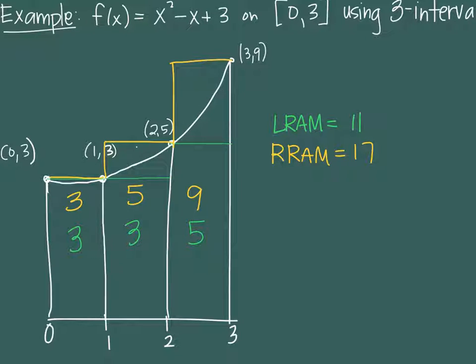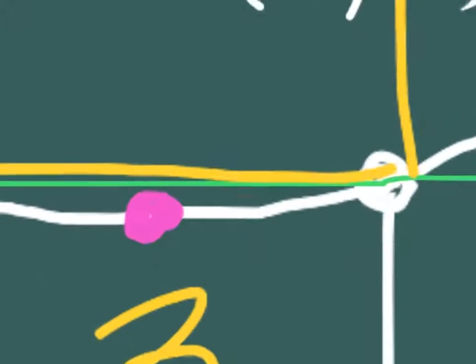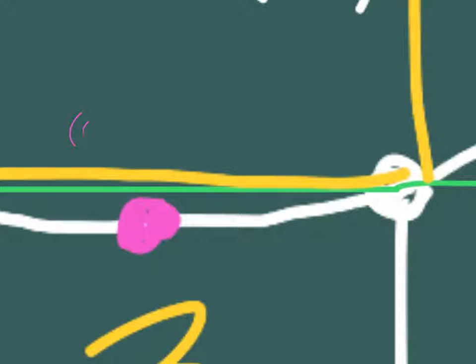Is MRAM just the average? No. MRAM is not the average. MRAM is the midpoint. I have calculated these for you. These 3 midpoints. I'm going to zoom in. The midpoint is 0.5, 2.75.